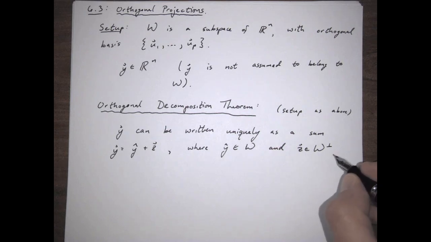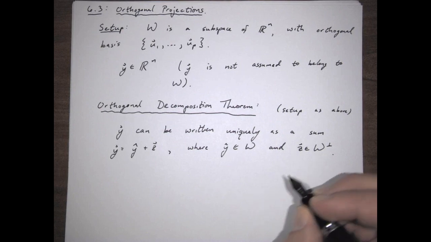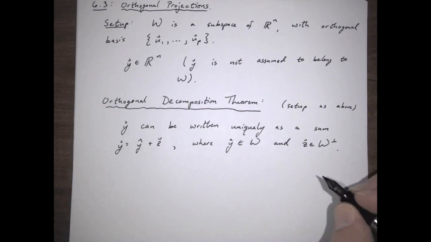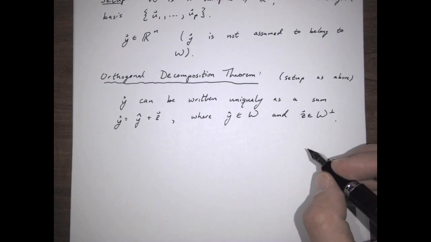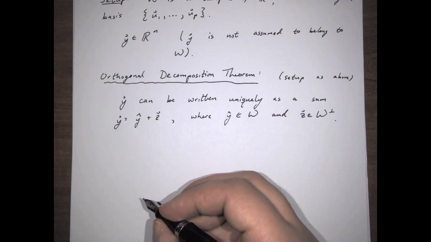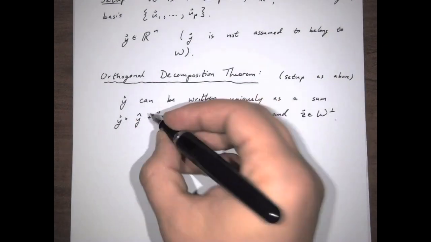And furthermore, not only can we just say blandly that it can be written this way and that way is unique, but better yet, we can constructively tell you exactly how to produce the y hat and the z.